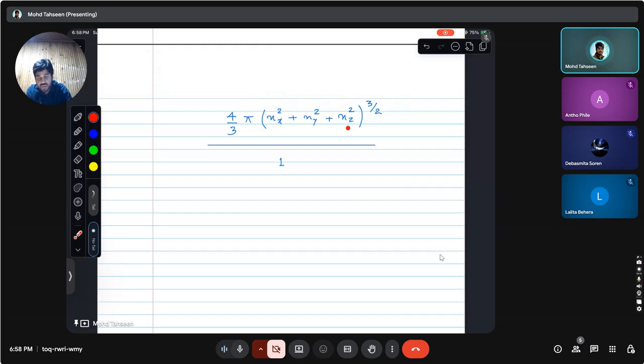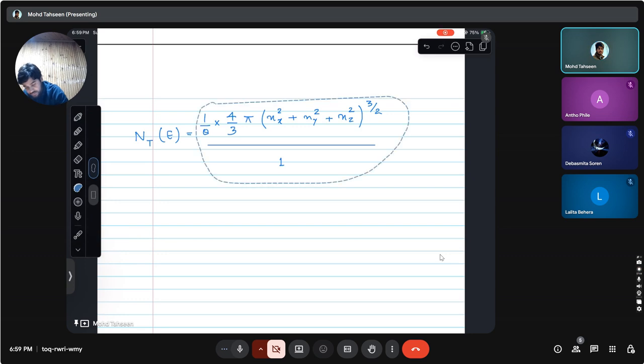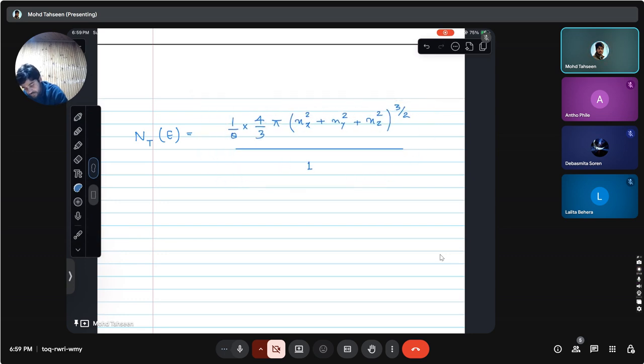So we will be restricted to 1 octant of that sphere. So I will have a factor of 1 by 8 here. And this now is the total number of allowed states from 0 to an energy level E.